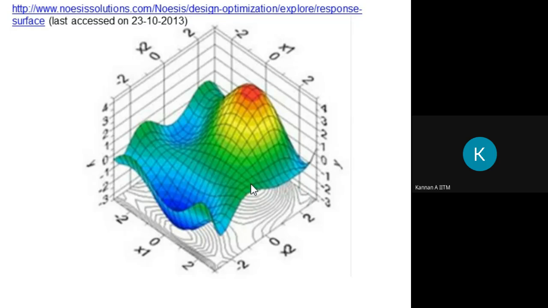They have gone into soft computational techniques like ant colony optimization algorithm, genetic algorithm, simulated annealing, social spider algorithm, particle swarm optimization, to name a few.